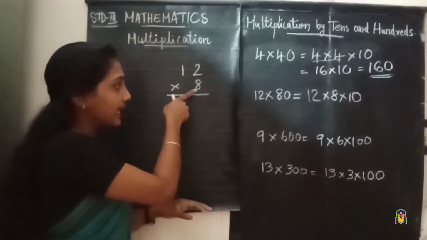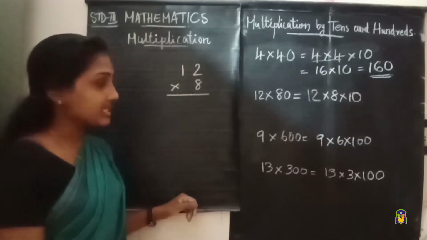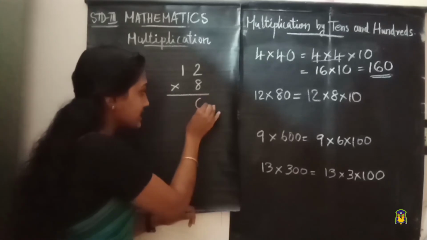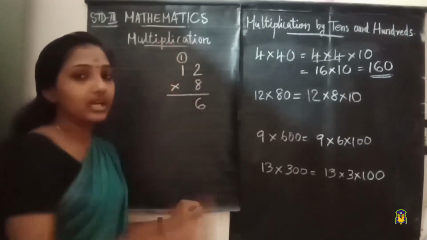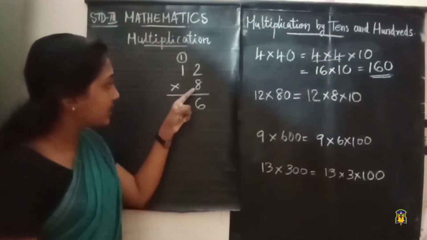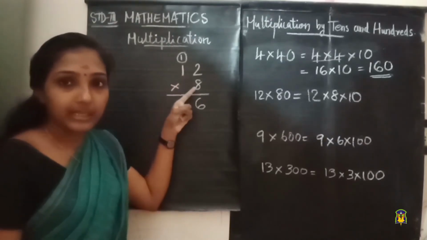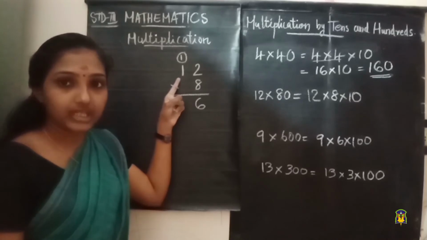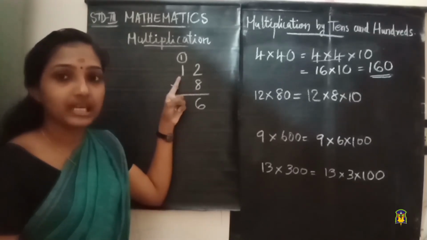Here 8 into 2 gives 16. So we are writing 6 here, and 1 is carried to the next place, the tens place. Here we are multiplying 8 with 1. Any number multiplied by 1 gives that number itself, so 8 into 1 gives 8.